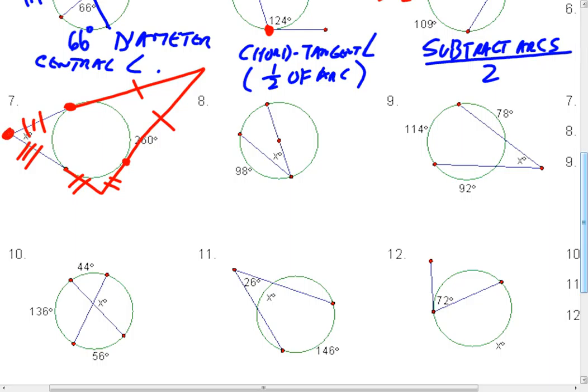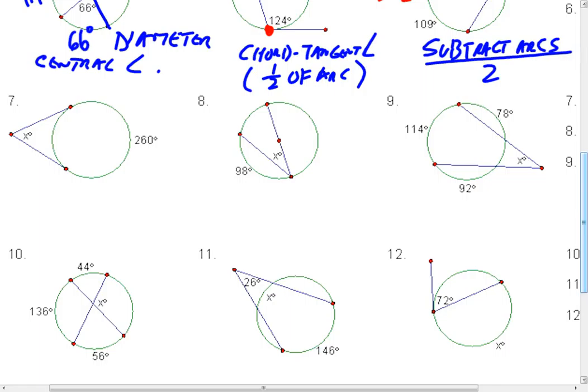Here's your exterior point. Distances from exterior point to a point of tangency are equal. So that will always equal that. That's not helpful here. Sorry. But I just wanted to point that out. Why isn't it helpful? Because we're not dealing with distances, we're dealing with arcs and angles.